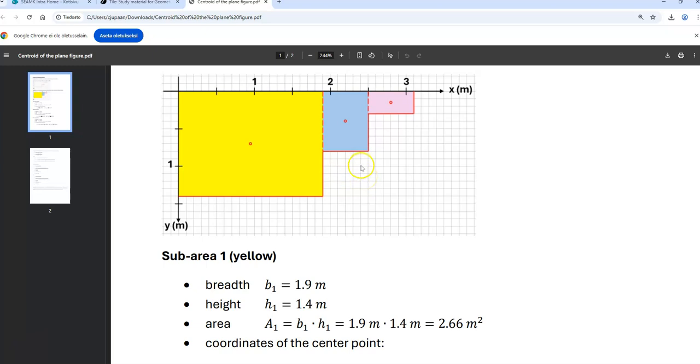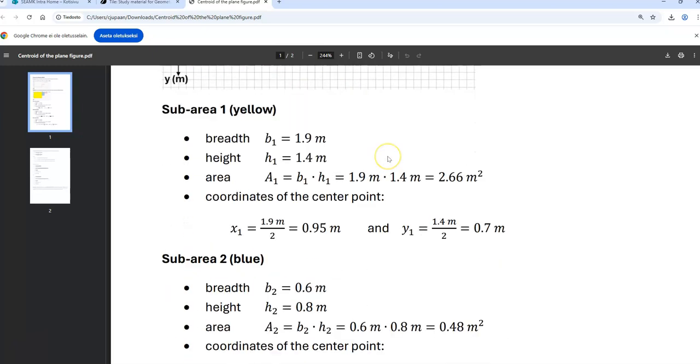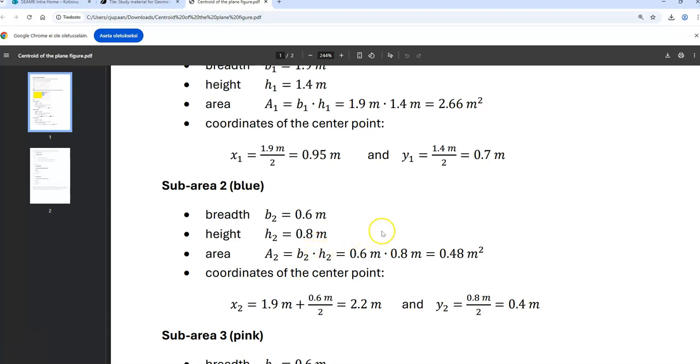You may make those measurements easily. And then the area is also a simple one. Always again multiply these figures. So the area is 0.48 square meters.